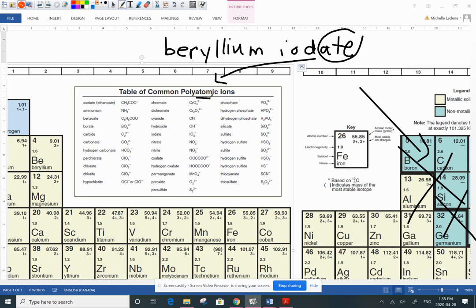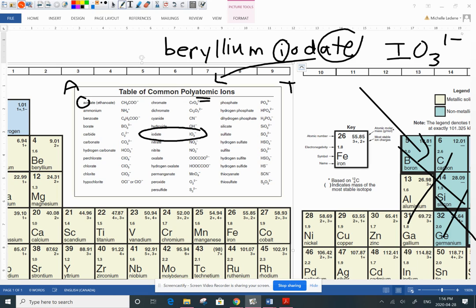It's going to be in the polyatomic ion chart. And this chart is alphabetical, right? Starting at A here and ending at T here. So if I'm looking for the letter I for iodate, he's going to be somewhere probably in the middle. And yep, here he is. Okay, so iodate is IO3 with a 1 minus charge.